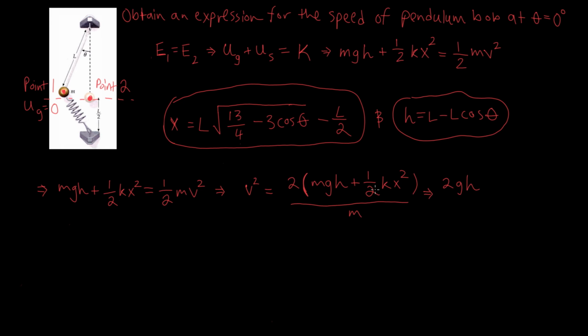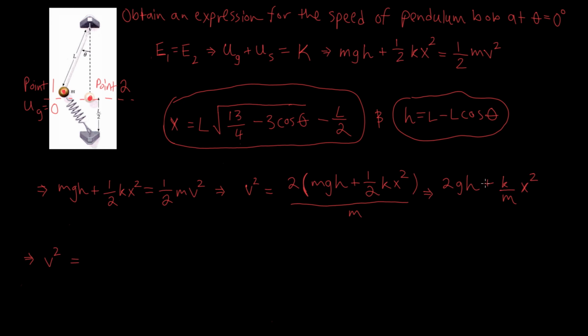And 2 times 1/2 is just 1. And we get k divided by m times x squared. That's what v squared is equal to. And we also have to take the square root at the end in order to isolate the variable v.